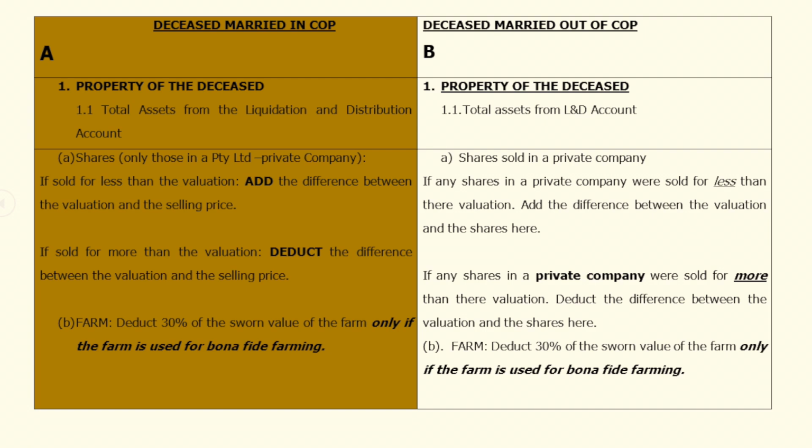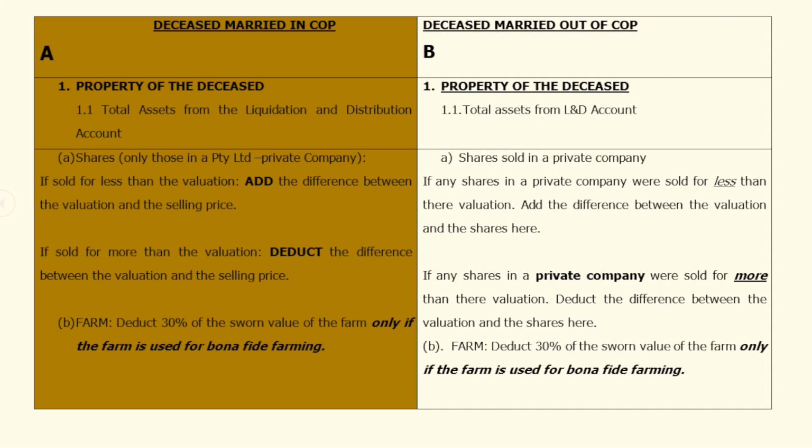But because people draw these accounts differently, I will simply explain what to do with each. How you draw it is up to you. Under 1.1, you record total assets from the liquidation and distribution account. Take note, these are the total assets from the liquidation and distribution account. In column A, you do the same. In column B, if the deceased is married out of community of property, you still do the same.